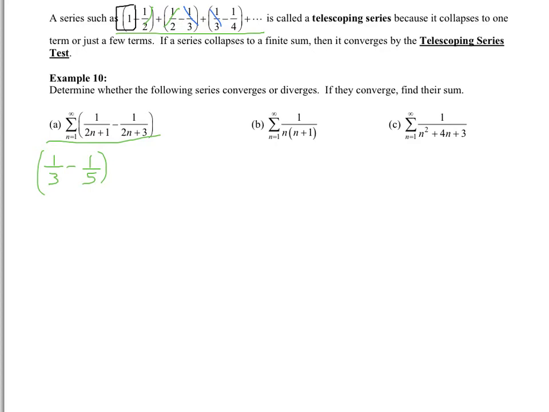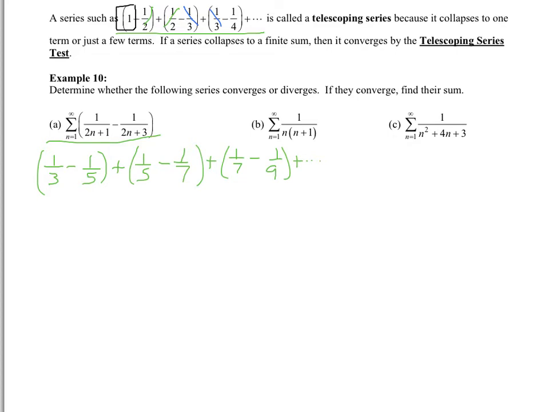And then when n is 2, we end up with 1 over 5 minus 1 over 7. And when n is 3, we end up with 1 over 7 minus 1 over 9, and it appears like this pattern is going to continue.